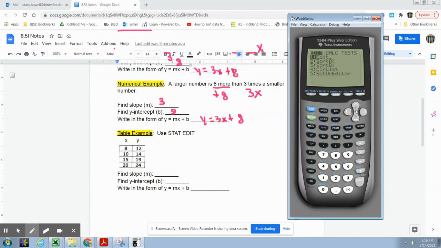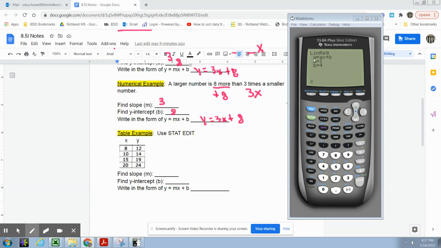We're going to hit stat, tab over for calculate. We're going to hit number 4. And now we know our slope is 1 and our y-intercept is 4. This calculator is a little different because it's a different edition, but you know how to do stat edit on the calculator.